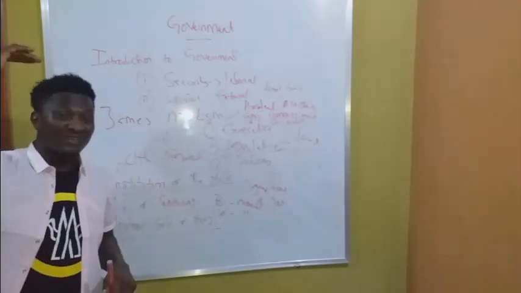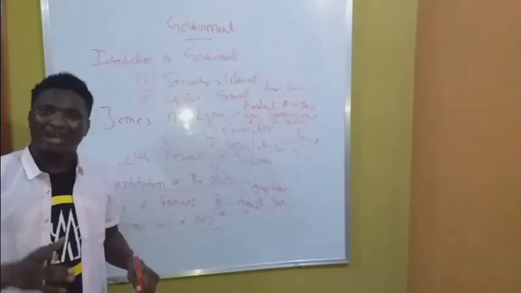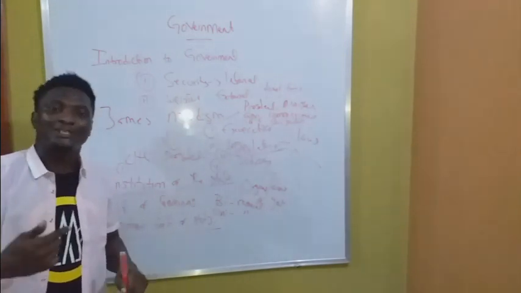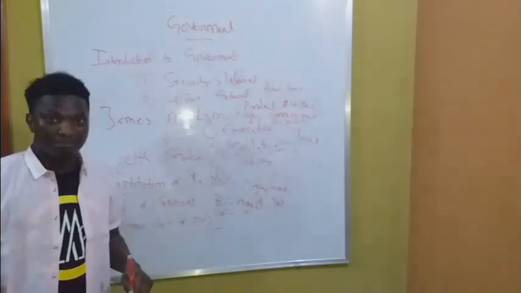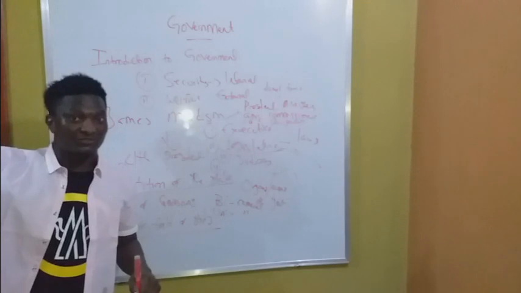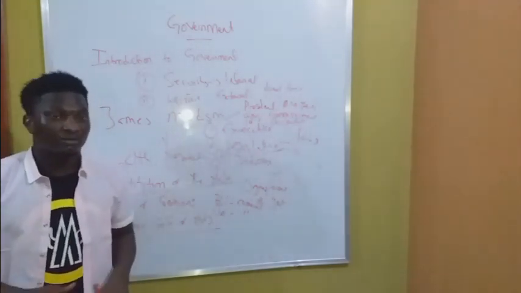This is at the federal level of government. At the state level, where we have 36 federating states, what we have is a unicameral legislature, where there is just one body making law. So we have bicameral at the federal level of Nigeria, and we have unicameral at the state level.